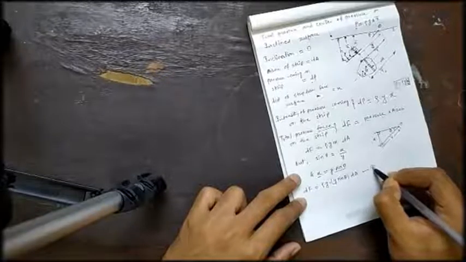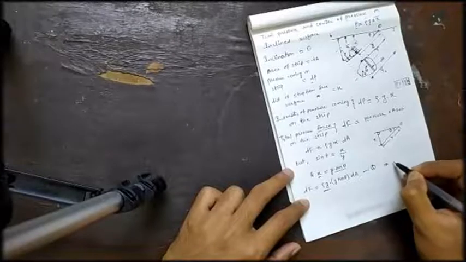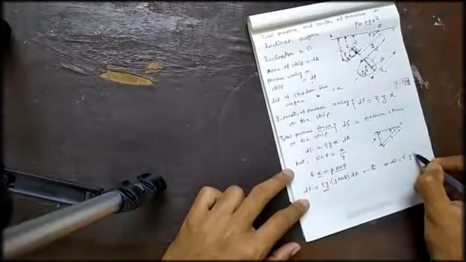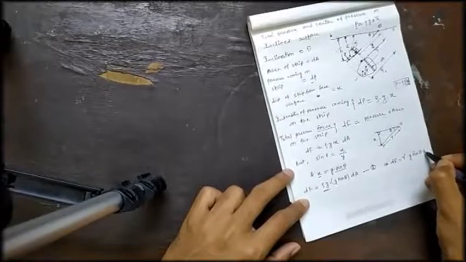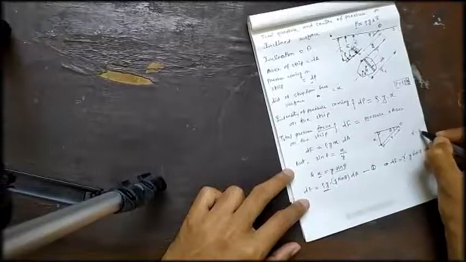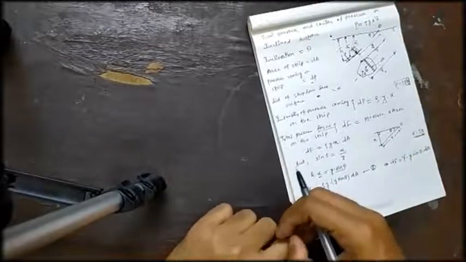Instead of rho g we can write dF is equal to gamma y sine of theta into dA, where gamma is nothing but rho into g.